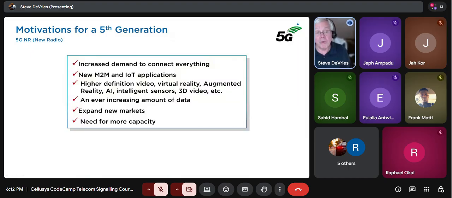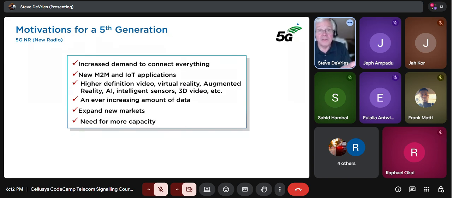A lot more machine to machine communication, a lot more Internet of Things applications, much better, higher definition video, virtual reality or augmented reality, artificial intelligence, sensors, 3D video. A lot of things today that, back when I got my first mobile phone in the late 1980s, I wouldn't have dreamed of doing.